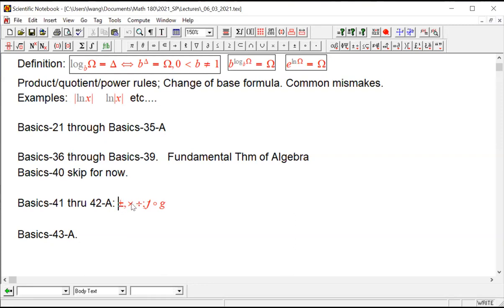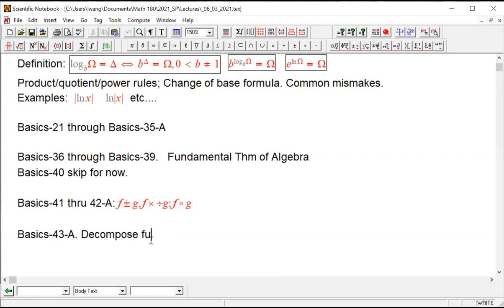So this is f plus g, f minus g, you know, multiply, divide. Composing, and 43A is about decomposing.